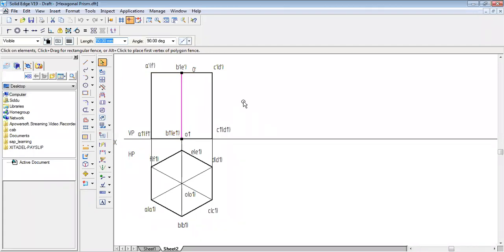Why? Because any corner or any edge, when we are seeing it, is supposed to be shown with a seen edge, that is a thick line. I have done this because when I am looking in this direction, I can see point B, and that B is a slant, a longer edge.